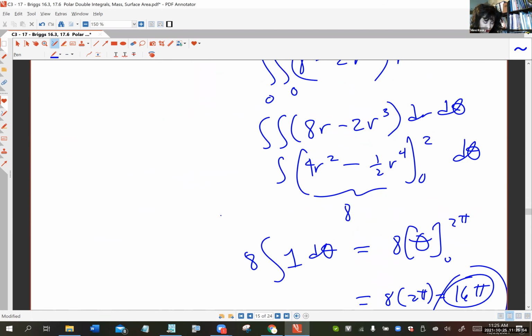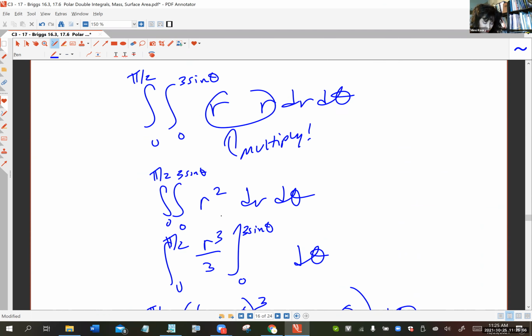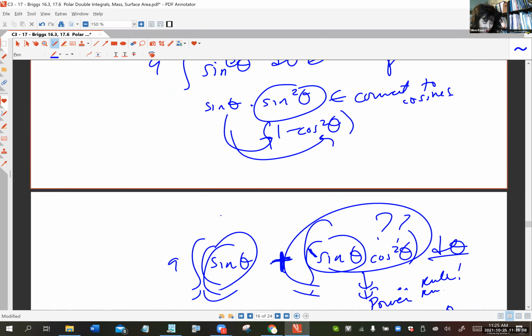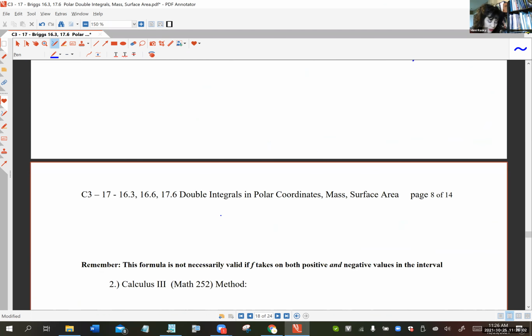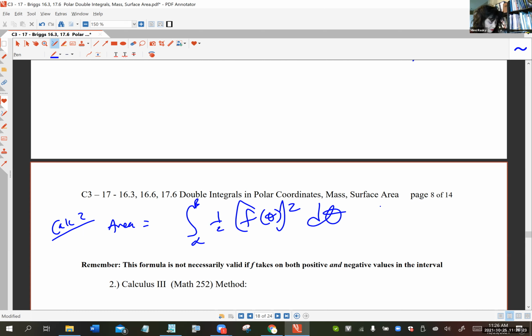Well, it's somewhat similar here in the world of polar. Let's talk about the Calc 2 review. When you took Calc 2, they actually went over how to find the area of a polar sector. Now, maybe you forgot, but this is a review. The formula was an integral from some angle alpha to another angle beta, and it was 1/2 f of theta squared d theta.